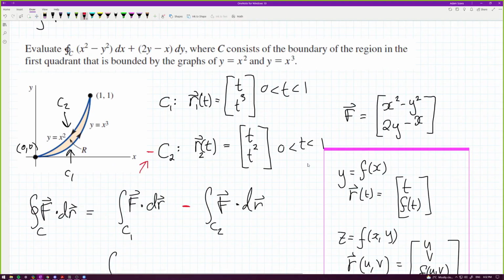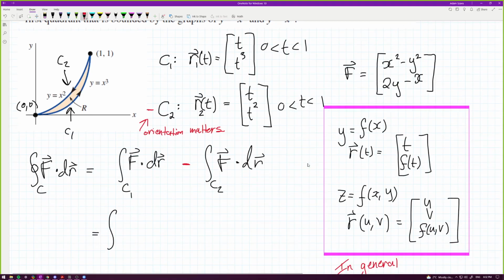That's because orientation matters. That top curve is oriented the wrong way based on this parameterization. What effect that has in our actual solution is that we're going to subtract that amount instead.